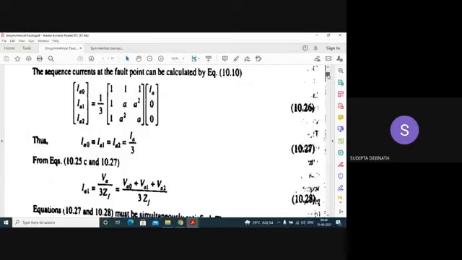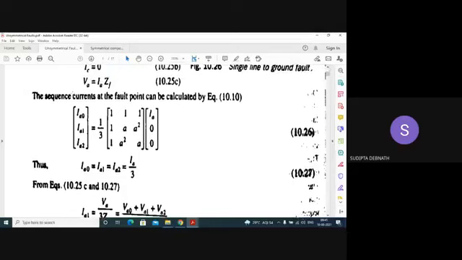So from equations 2.5 and 2.7, IA equal to thrice IA1, isn't it? IA equal to thrice IA1 and IA1 equal to VA by thrice ZF. Now VA equal to VA0 plus VA1 plus VA2. What is equation number 25? 25C.